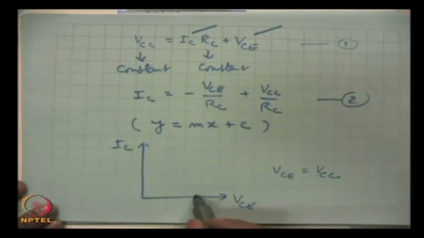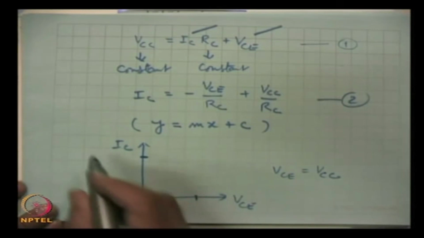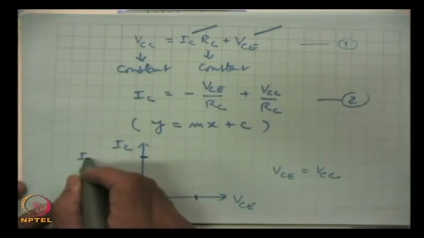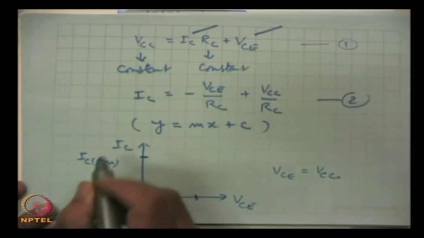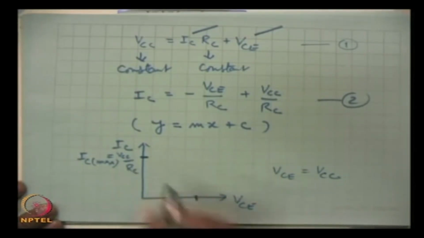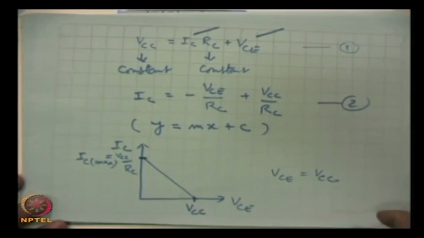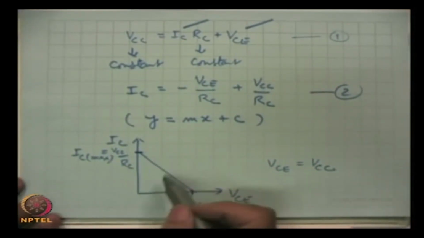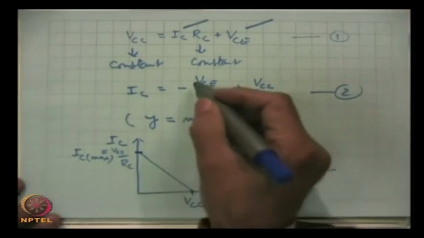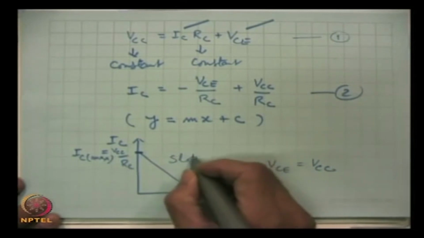So, this gives this point, and similarly here VCE is 0, and that will give this point, which is the maximum current IC max, and this is equal to VCC by RC, and then we connect these 2 points. This is VCC, the battery which we are using to reverse bias the collector. The slope of this line is minus 1 by RC.